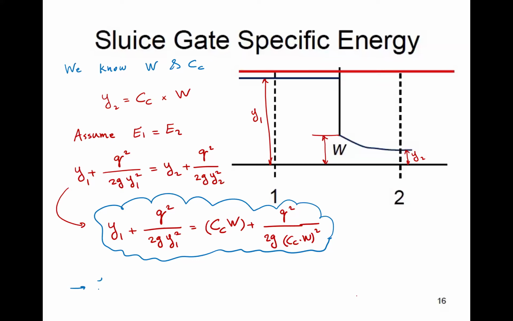So for a given CC and W, we can measure the depth upstream. That's easy. You can just survey the water level upstream or have a staff gauge and measure it. Then plug it into this equation and calculate Q. Obviously, you can multiply by B, the width of the channel, and get capital Q, but that's a very simple calculation anyway.